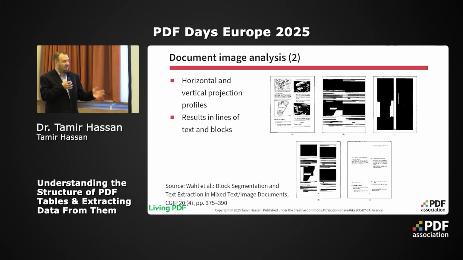And if we do the same in the vertical direction, we find blocks of text. That's how the early methods worked to perform layout analysis and segmentation, and such methods worked quite well given the limits in processing power back at the time.